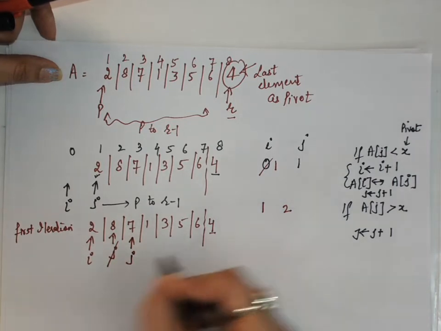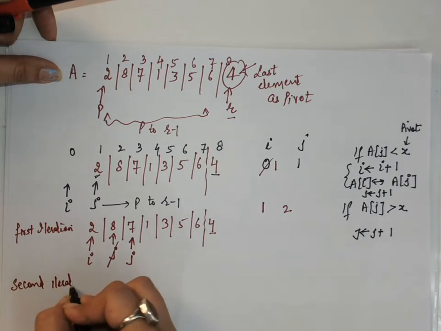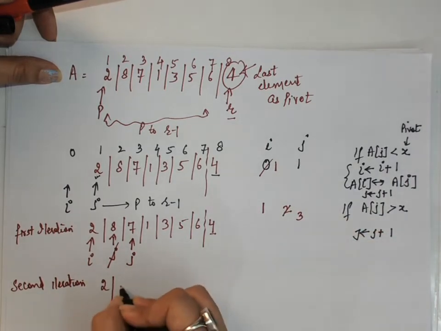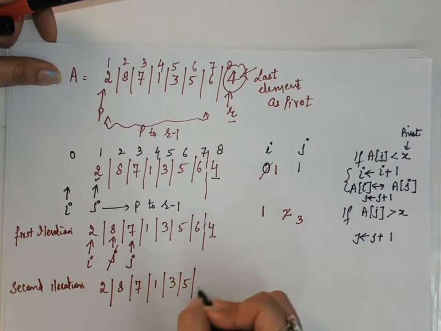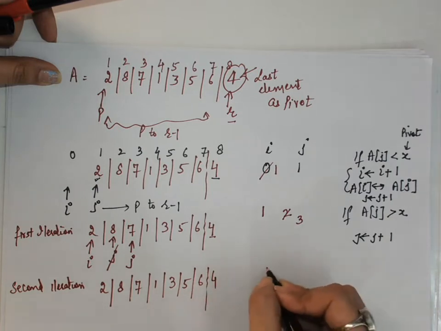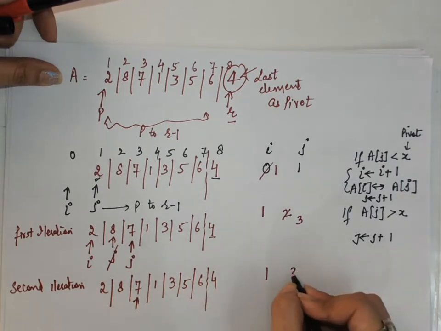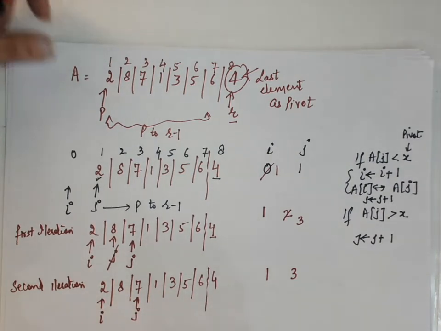Now after the second iteration, my array will be like this. And what is the value of i? That is equal to 1, and what is the value of j? That is equal to 3.